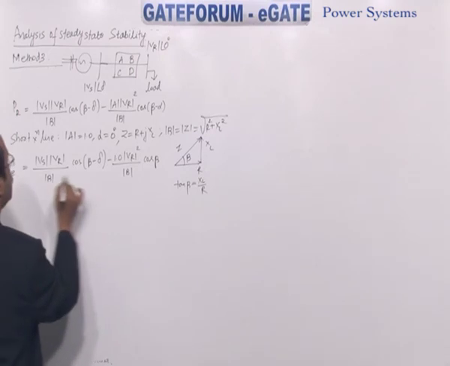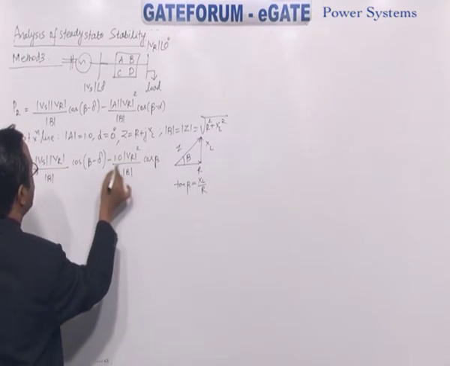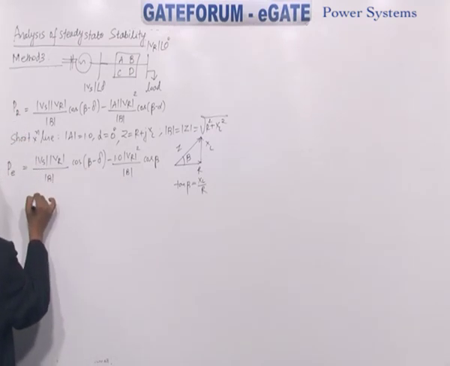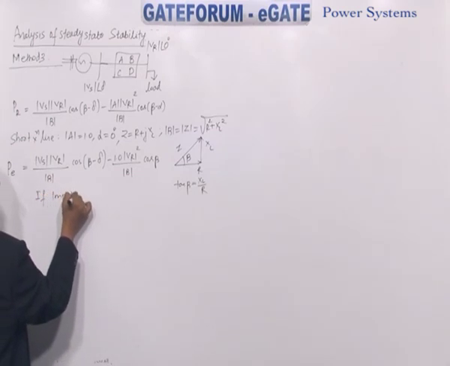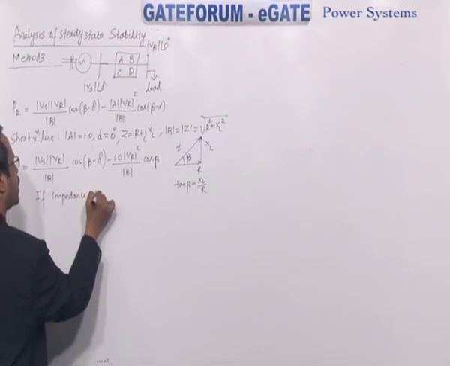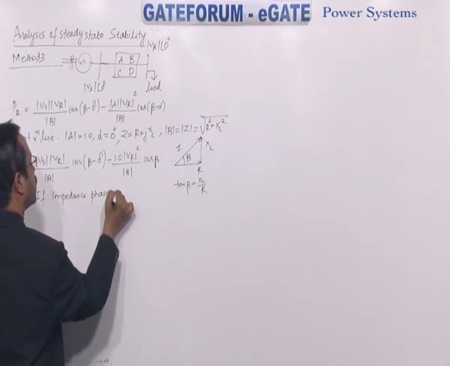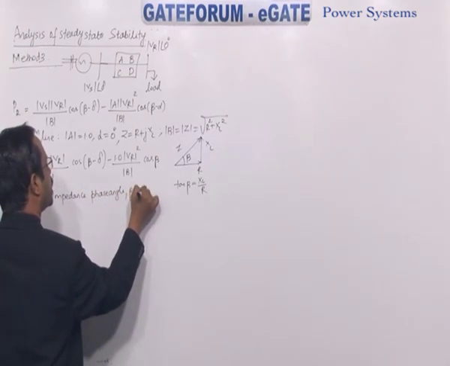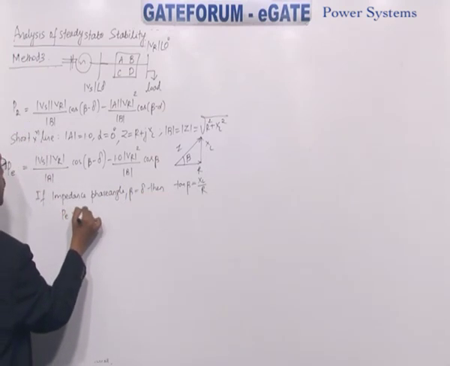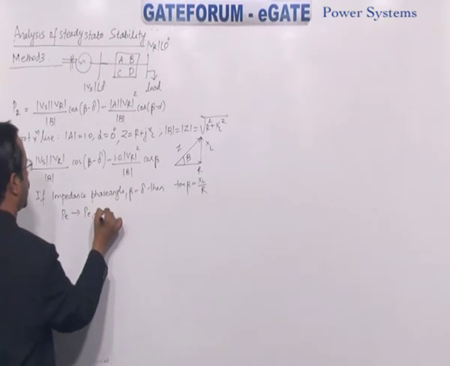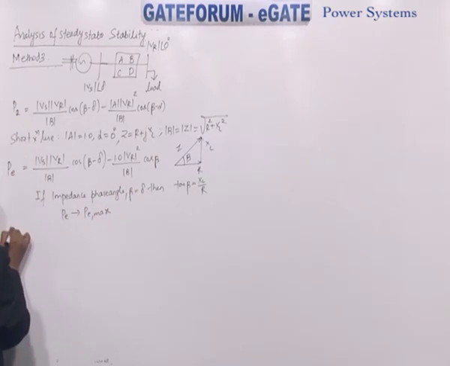Now, PE becomes PE max when beta equals delta. So if the impedance phase angle beta equals delta, then PE becomes PE max.